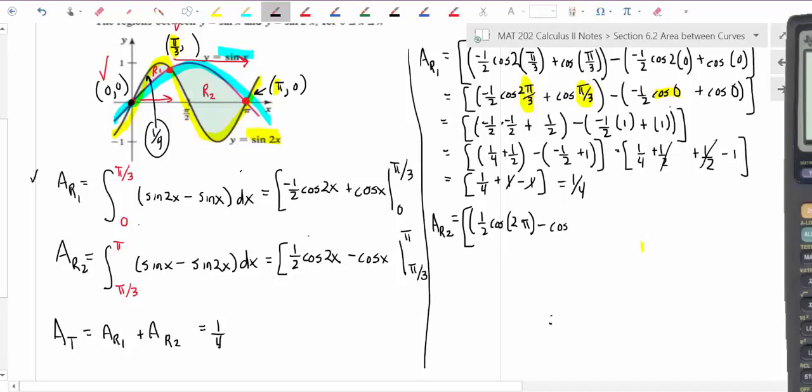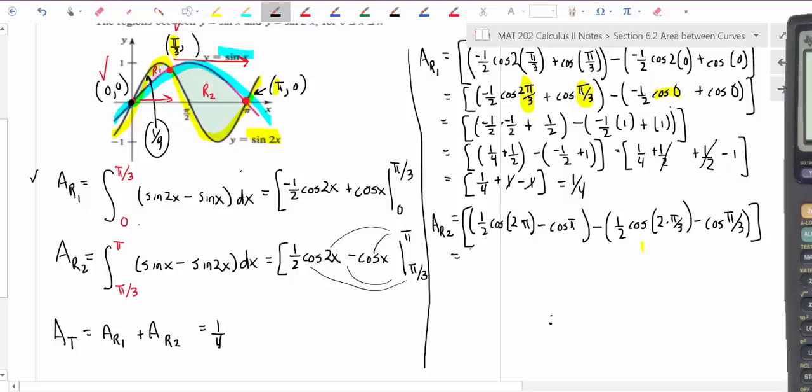Again, I'm just plugging in that upper limit. And then minus, now evaluate the lower limit: 1/2 cosine of 2 times pi over 3 minus cosine of pi over 3. So what I've done essentially is plug in the pi, and then plug in the pi over 3.